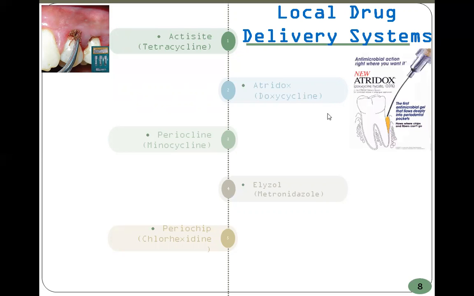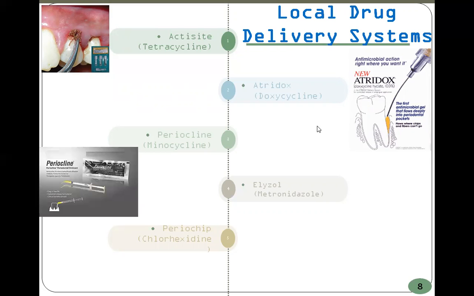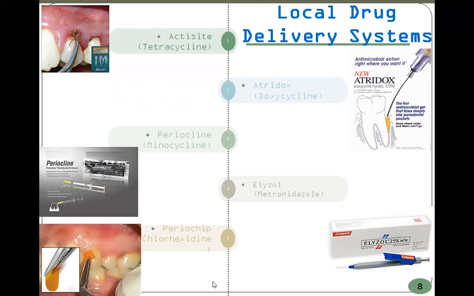Atridox, or the doxycycline gel, that can be inserted into the pocket and reach the base of the pocket. Periocline, which is actually minocycline. Elyzol, which is metronidazole gel. And PerioChip, the most widely common, the chlorhexidine chip.